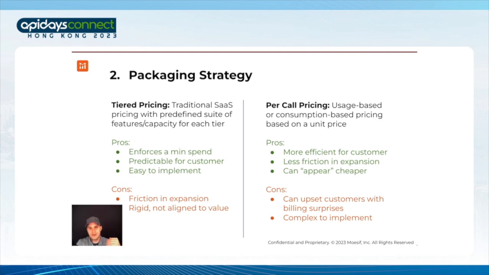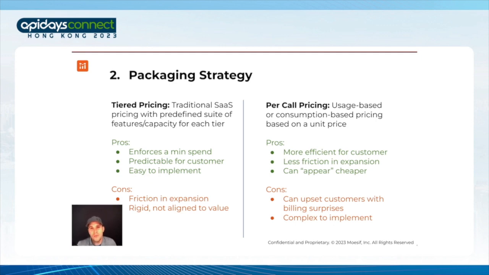Whereas if users continue with per call pricing and scale up their usage, since they're getting charged per use, they don't necessarily hold back on that expansion. So it just naturally progresses.